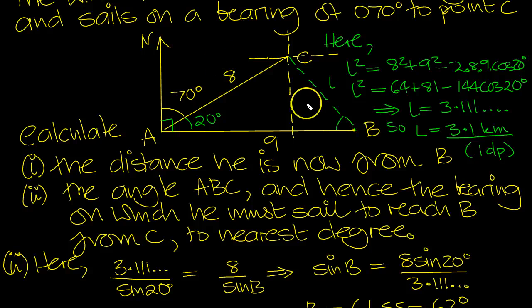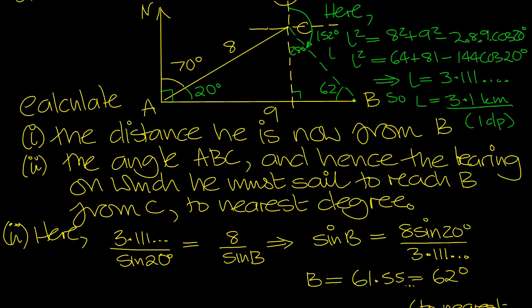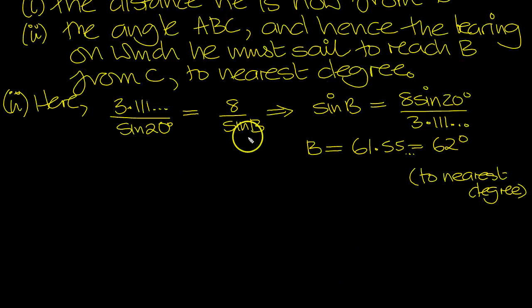So let's just put that in there. This is 90. So this must be 28, mustn't it? Because these two must add up to 90. That's 28. So this angle here, the difference between 180 and 28 is 152. So bearing of 152 degrees.